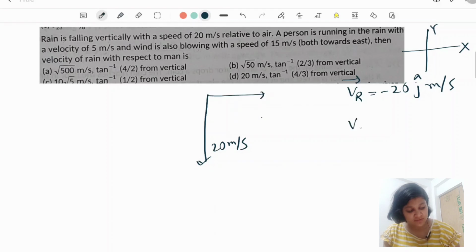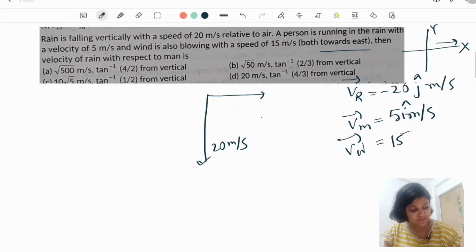the velocity of the person, say man, the velocity of the man is 5 meter per second towards east, meaning in this direction. So 5 i cap meter per second. And the velocity of the wind, which is also in the east, which is 15 i cap meter per second.